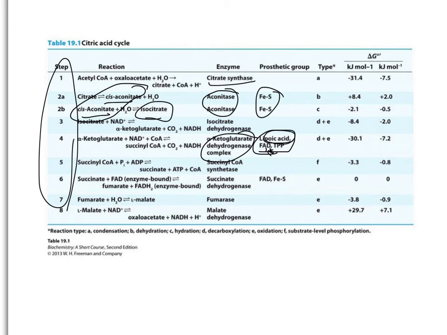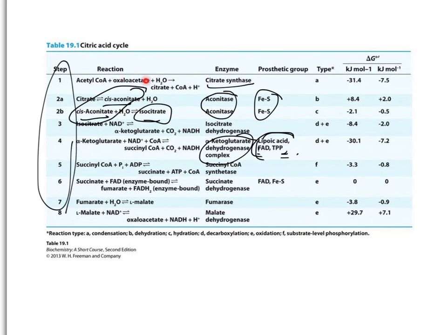There's a lipoic acid, there's FAD, involved in TPP. There's also NAD involved. Same things that are involved for the pyruvate dehydrogenase complex enzyme.